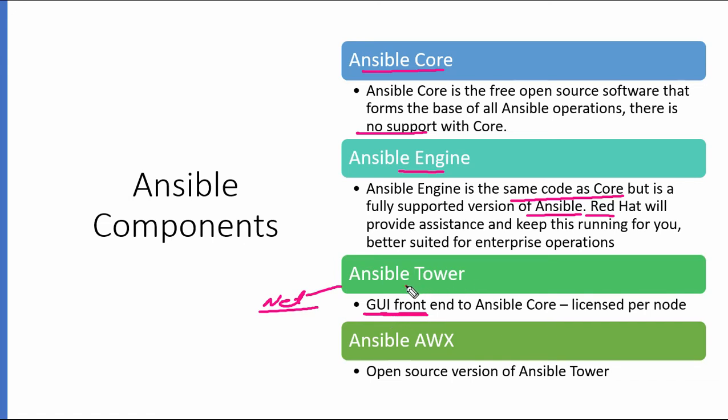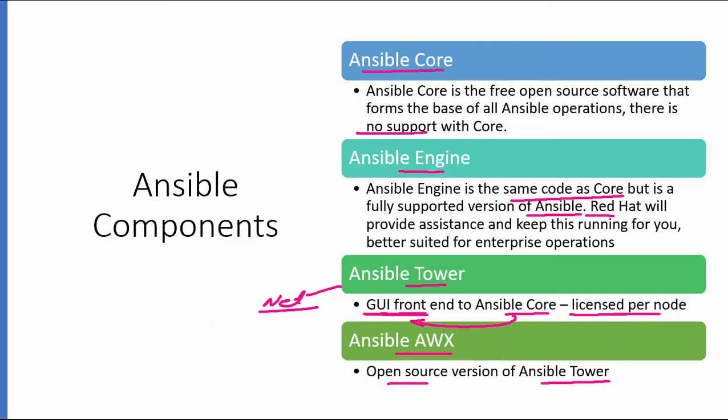So in Ansible Tower, they convert Ansible Core into a GUI, so that a non-technical or non-Ansible aware person can easily understand it. But it's a license based product. It's not free. Whenever we work on Tower, we need a license on a per node basis. Ansible AWX is another module which is open source, and it comes under Ansible Tower.